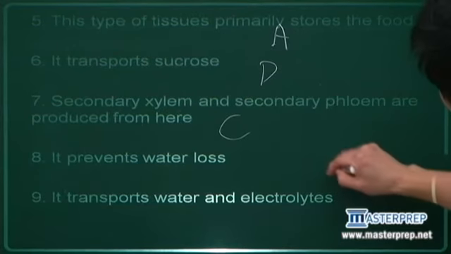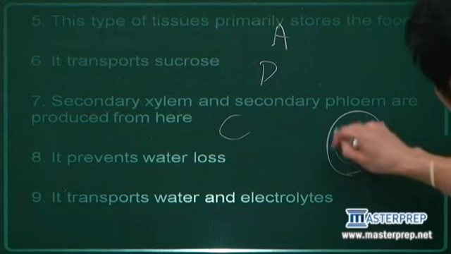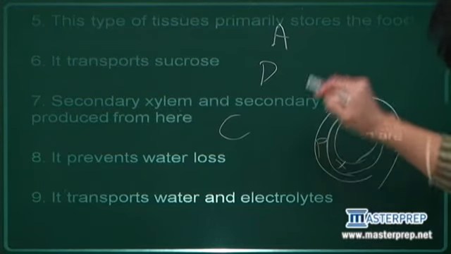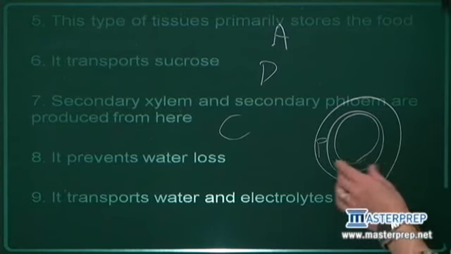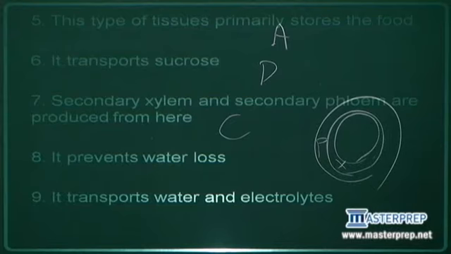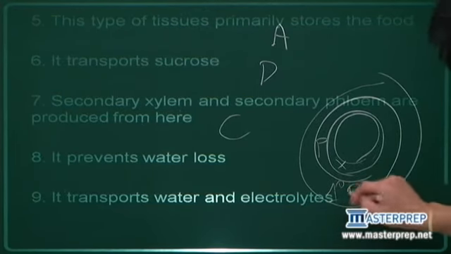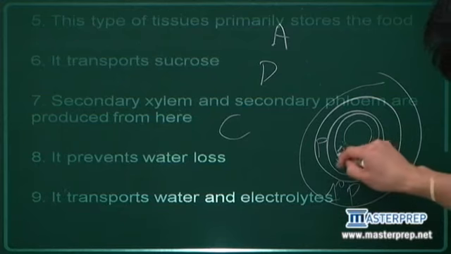So if this is a cambium, on the inner layer they produce xylem. On the outer layer they produce phloem, right? So the newer vascular tissues are closer to the cambium, all right? Because the primary phloem is kind of pushed away from the cambium as the secondary phloem emerges. And that is the same for this primary xylem, okay?